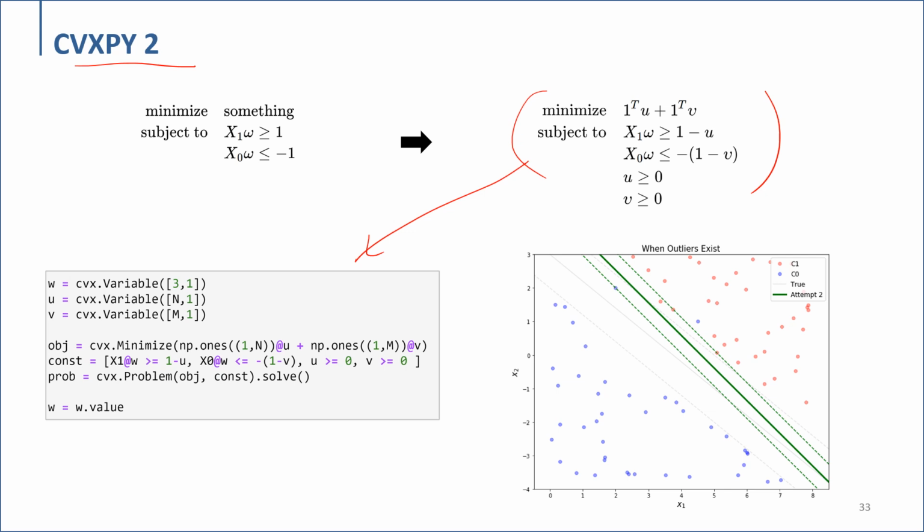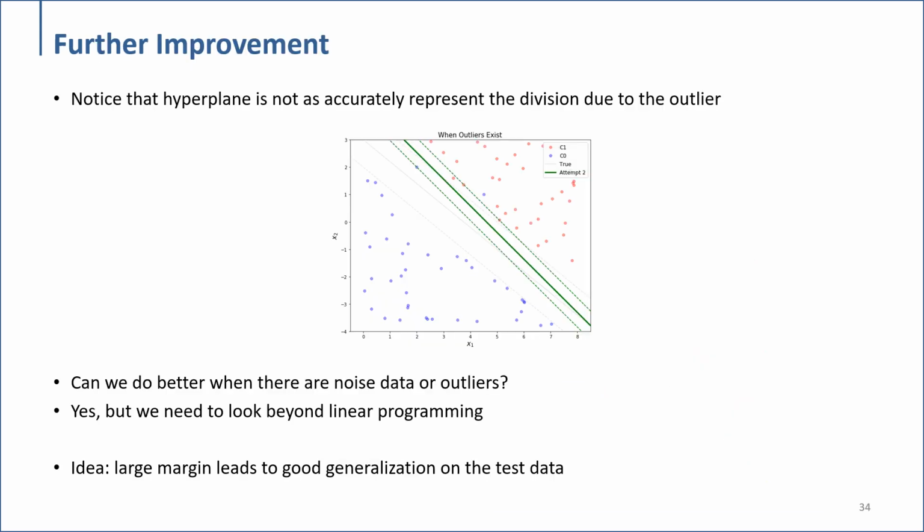As you can see here, when you plot these equations, you can clearly see the proper decision boundary with a proper margin of decision band. From here, we can see that the hyperplane or the decision band does not accurately represent the division due to the outlier, but it can still divide the data into two classes.